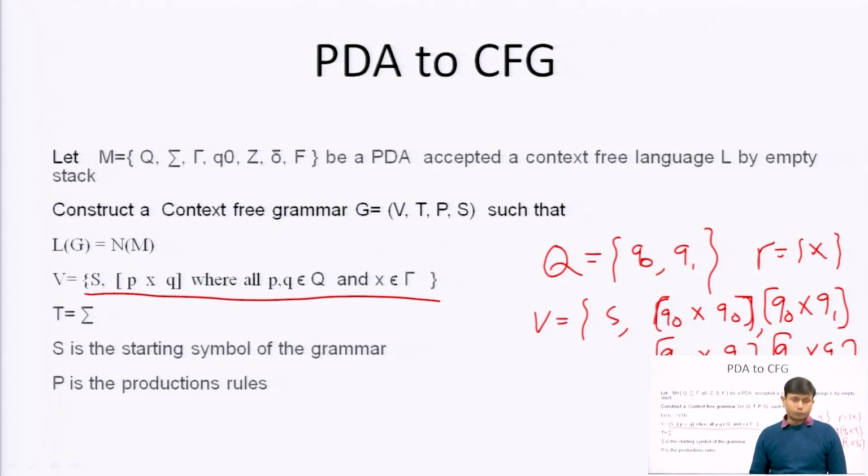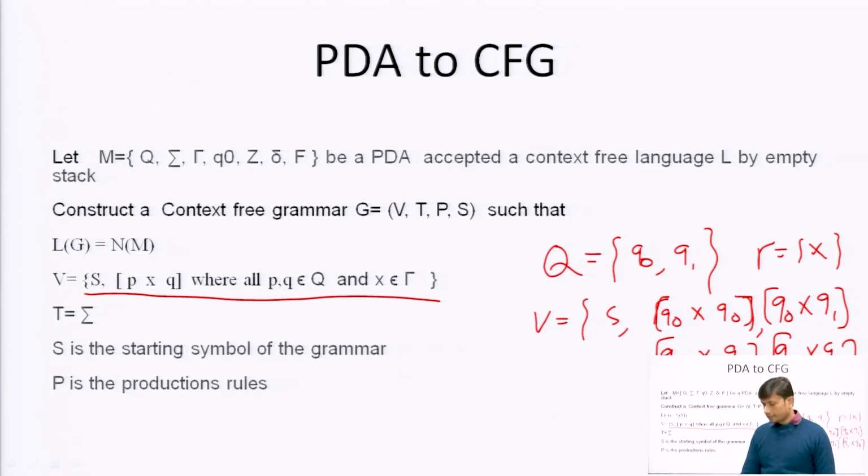So how do we get production rules from a pushdown automaton transition? If there is a push operation, how do we get the production of the CFG? If it is a pop operation, how do we get the production? If it is a no operation, how do we get it? Like that, you have to find the productions from the pushdown automaton transitions.